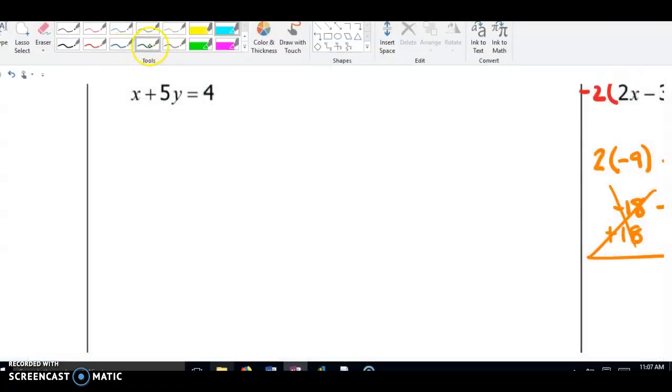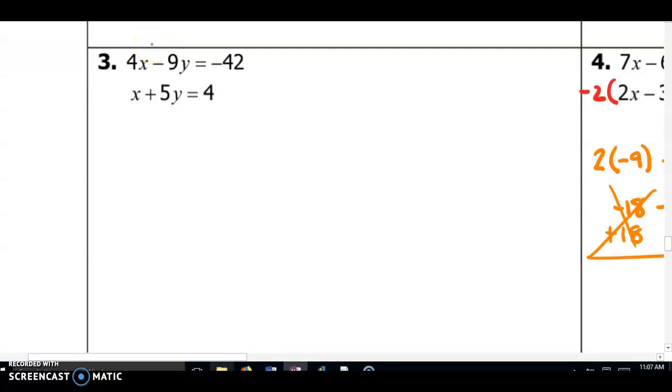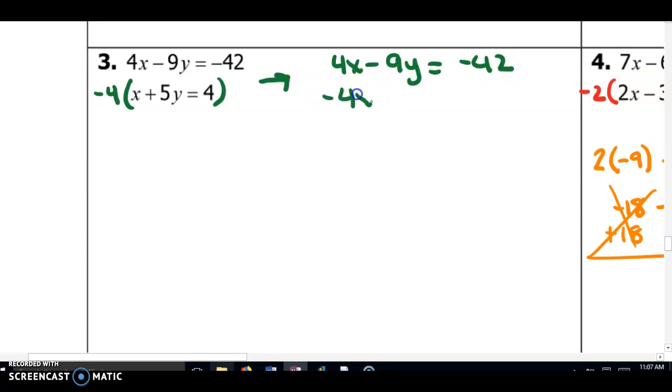And this is a good problem to do elimination with because you can multiply x by anything you want so that it cancels out with the 4x. So we're going to multiply by -4. So we get 4x minus 9y equals -42. And now the bottom equation will become -4x minus 20y equals -16.